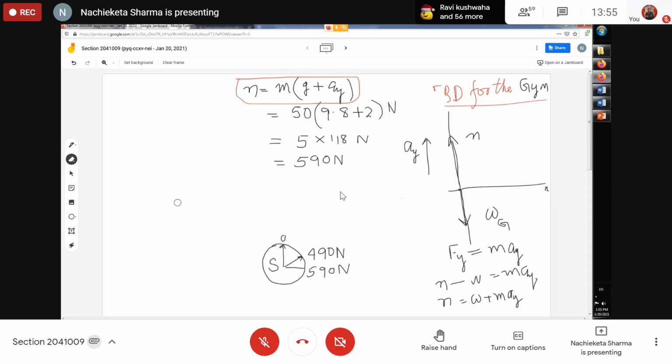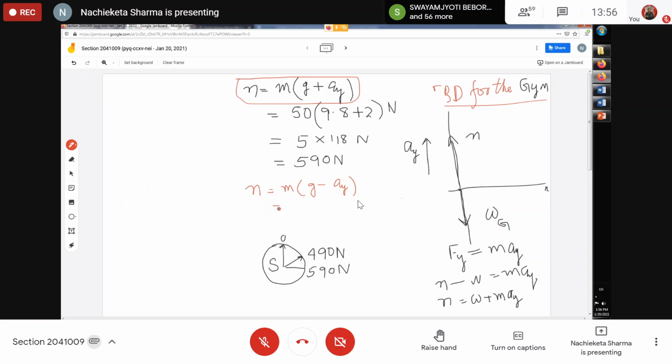Now the lady will lose 100 Newton, because this N will become m into g minus a_y. So 9.8 minus 2 will be 7.8.